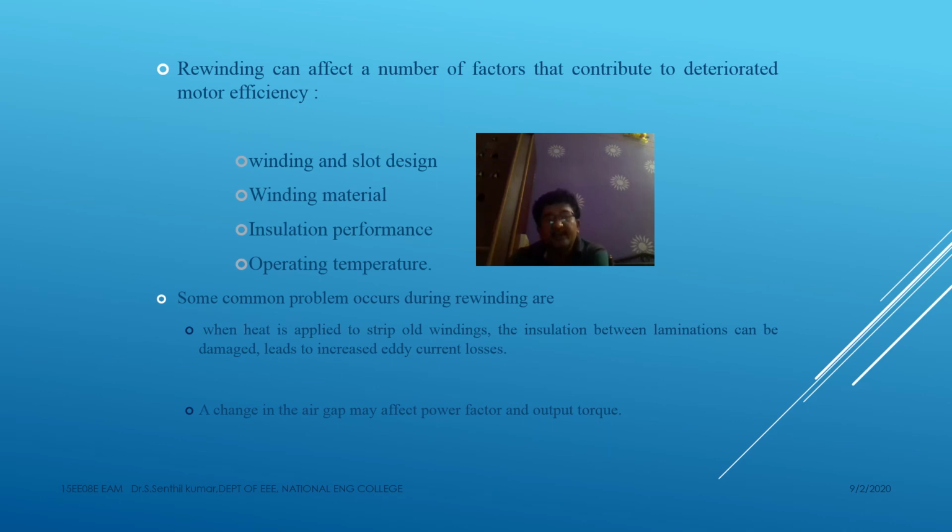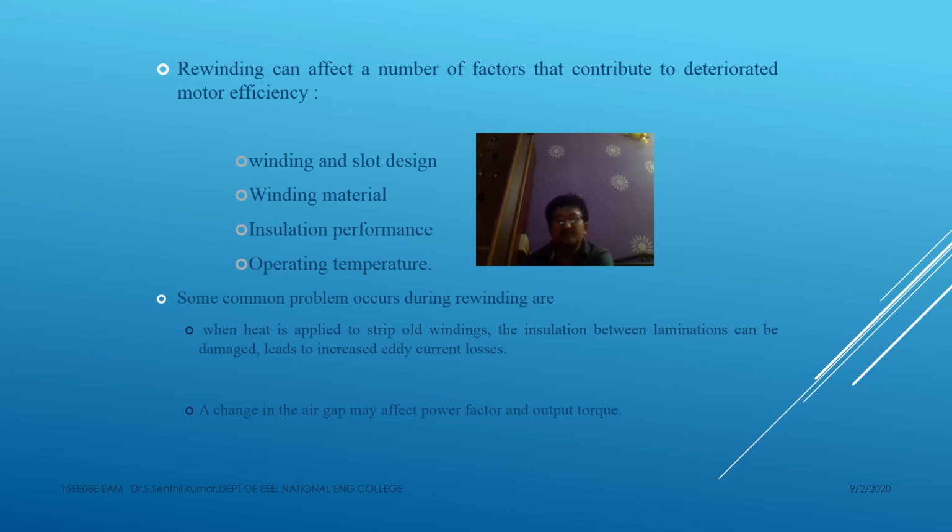Rewinding can affect a number of factors that contribute to the determination of the motor efficiency. First, the winding and slot design, the winding materials, the insulation performance, and the operating temperature.